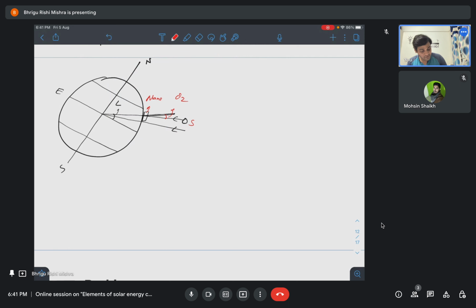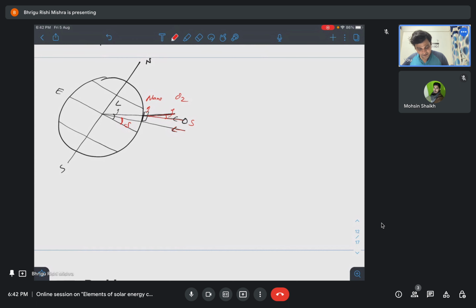So the angle between the normal to the horizontal plane and the sun ray is theta z, the zenith angle. And this other parallel sun ray, making an angle with the center of the earth, is called the declination angle, delta. So this is a single diagram in which we have incorporated all three angles.